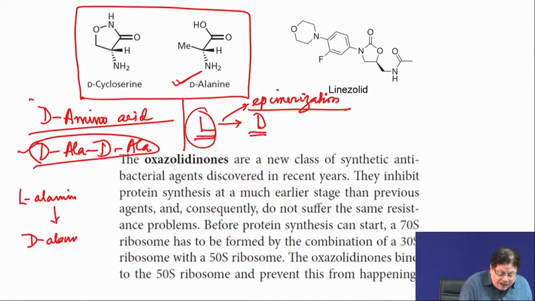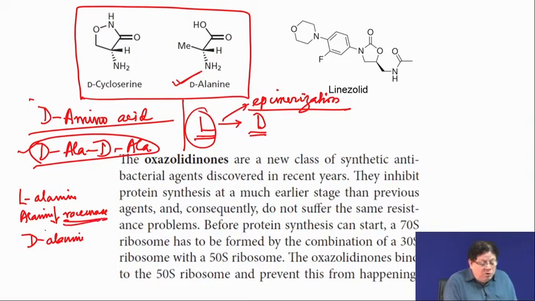The enzyme is called alanine racemase. We do not require this alanine racemase. So, if you can target the alanine racemase, that will be a very good target, very selective, because we do not require this enzyme.